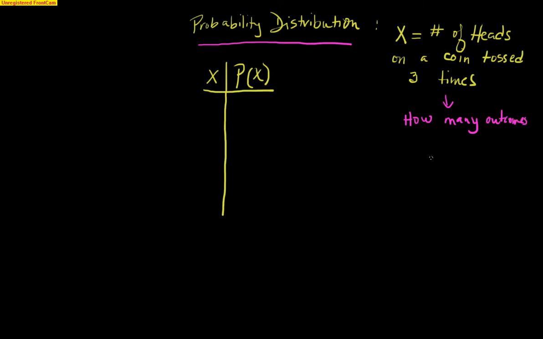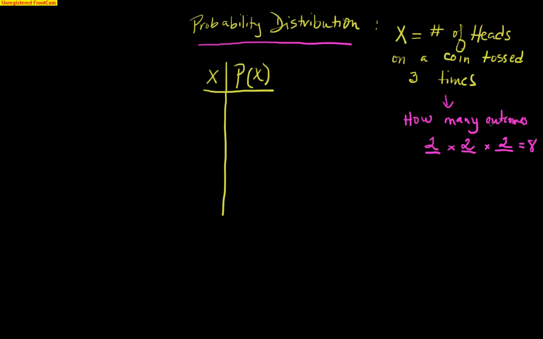We could do this through our counting techniques. We're going to toss 3 coins, or toss 1 coin 3 times, however you want to look at it. So we have 3 events, and there are 2 outcomes, a head or a tail, for the first one, 2 outcomes for the second, and 2 outcomes for the third. So it equals 8.